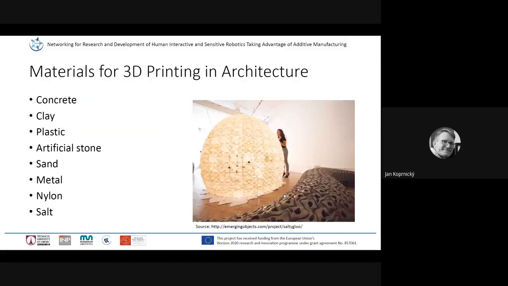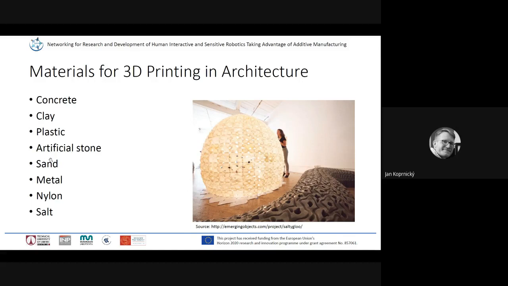Let's move a little bit forward to materials. As I presented on the slide with the picture of different projects and different materials, you can find living objects, or objects for living, printed by 3D printers from different materials. At first from concrete, then clay or mixture, then plastics.